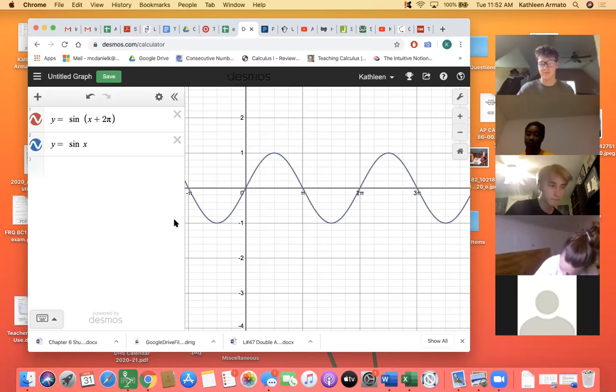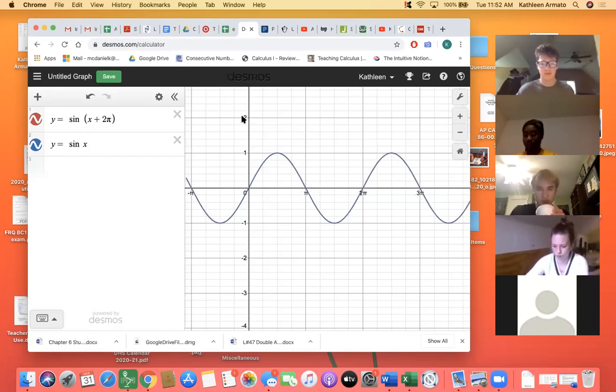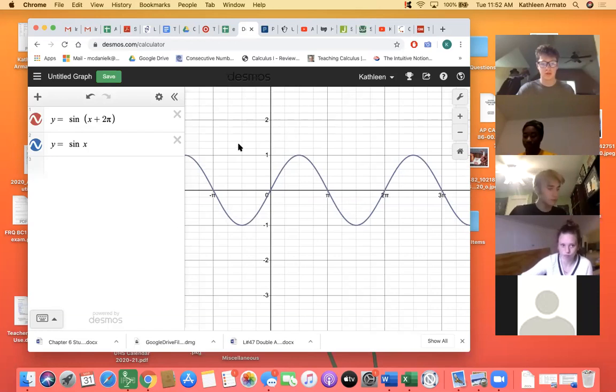Okay. So x plus 2 pi would move it 2 pi to the left. Huh. What about others? Why do you think I'm only seeing one graph? Because it shifts the line by the same distance of the period. So that was Will, right? Yes.